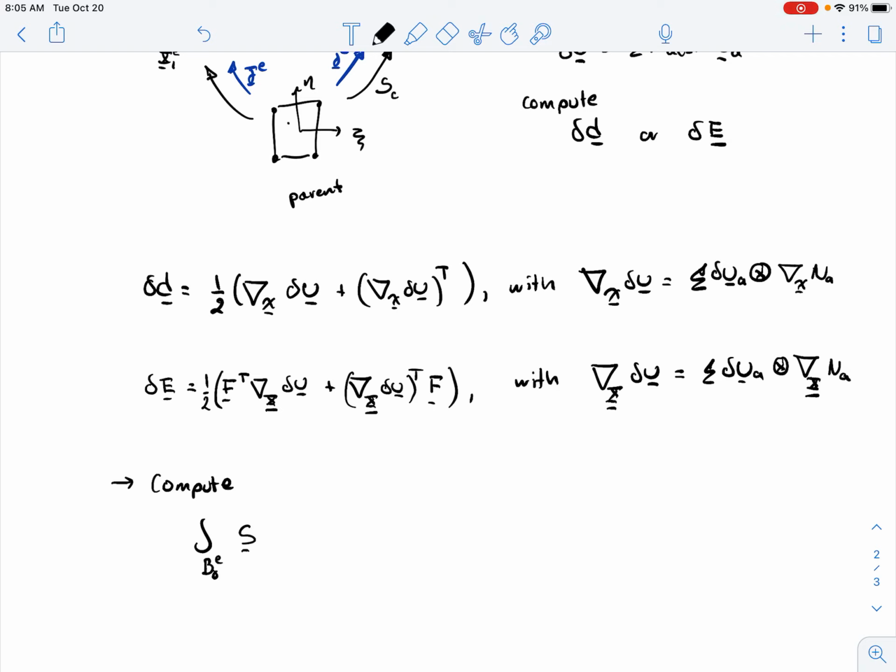Because you have the deformation gradient F, you can compute the second Piola-Kirchhoff stress, double contracted with this delta E, and integrate.